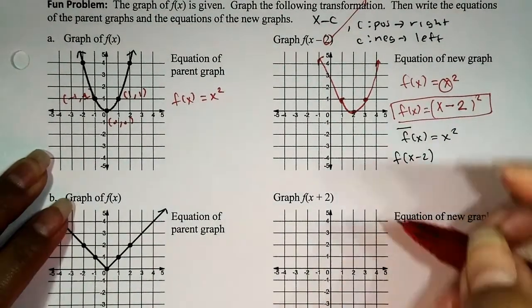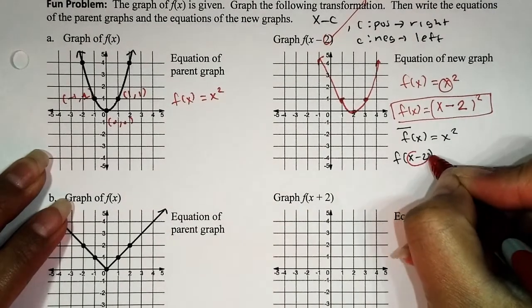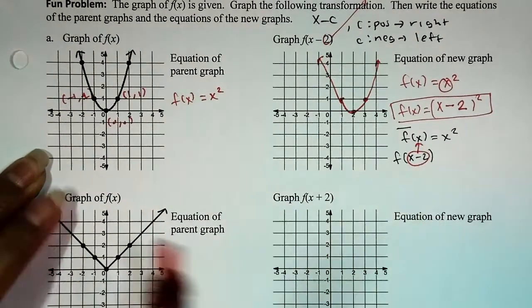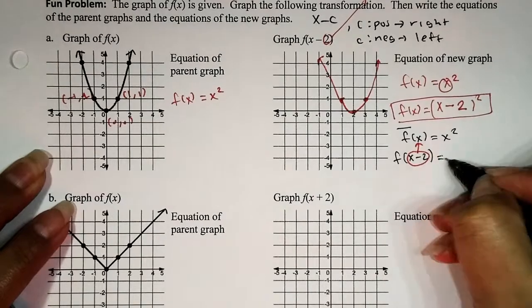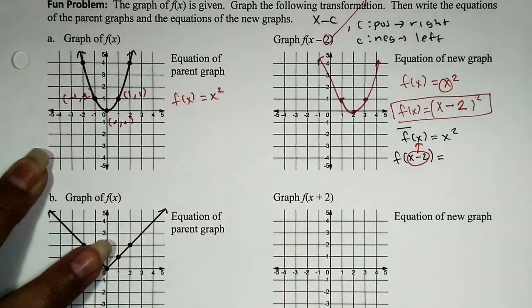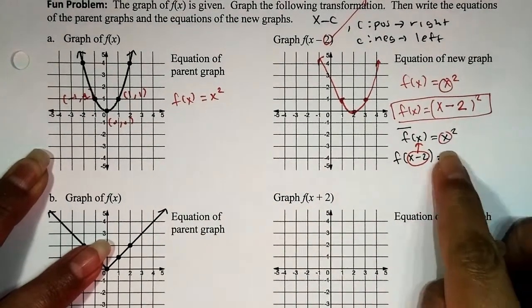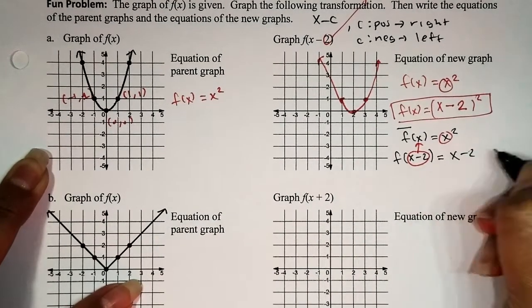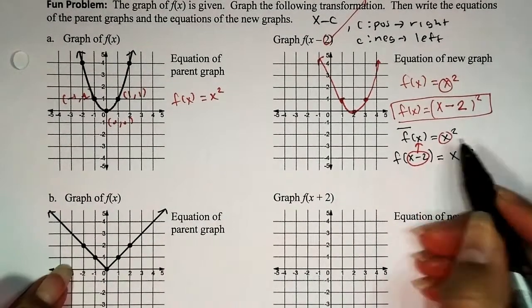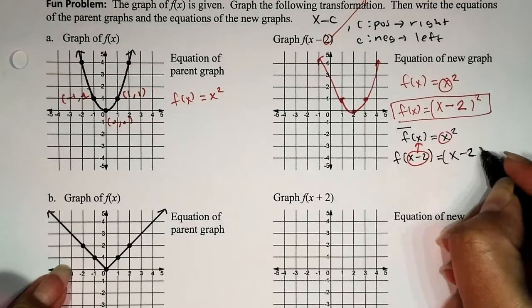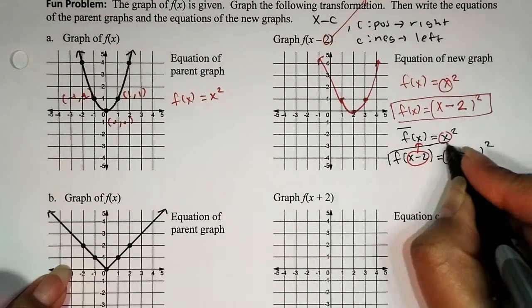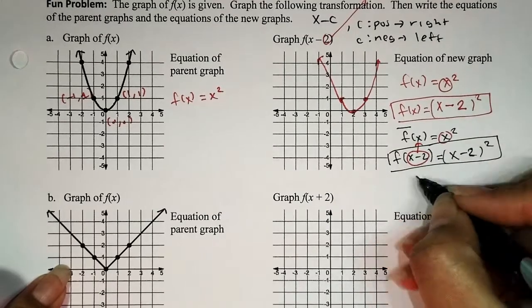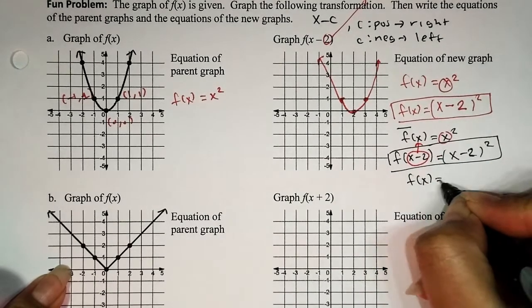So what we are going to do is substitute the x minus 2 for the input of x. So we have x, which we are swapping out for x minus 2. And what is going on with that x? It is being squared. Cool, but let's go ahead and write it without that notation.